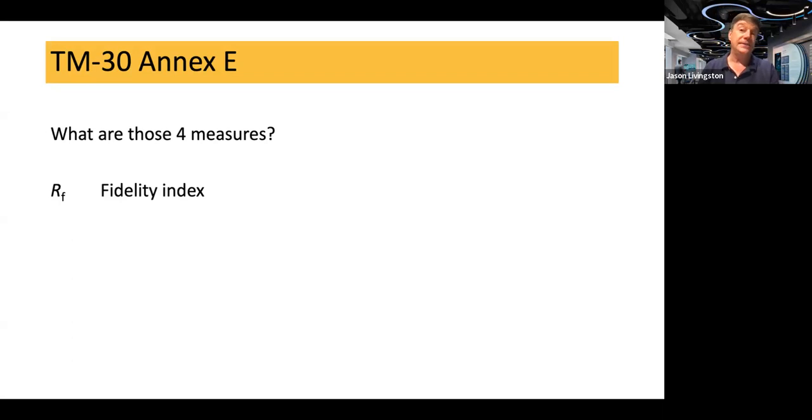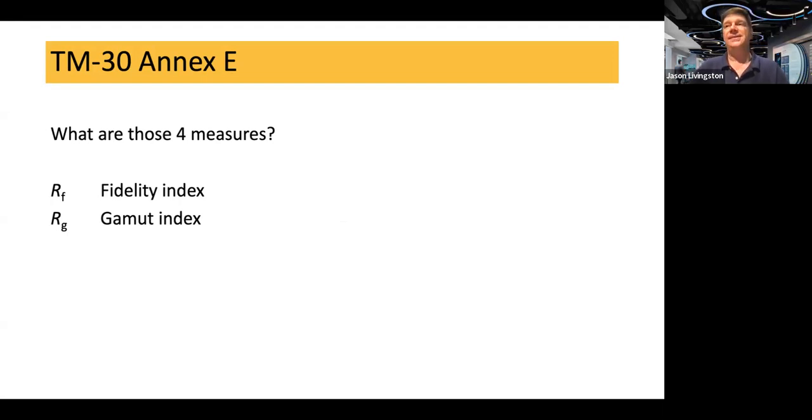It's a harder test. And so we should not expect a light source with a given CRI value, let's say 85, to have the same Rf value. Again, it's a different test. We're probably going to get a different number. The second measure is Rg, rendering gamut.